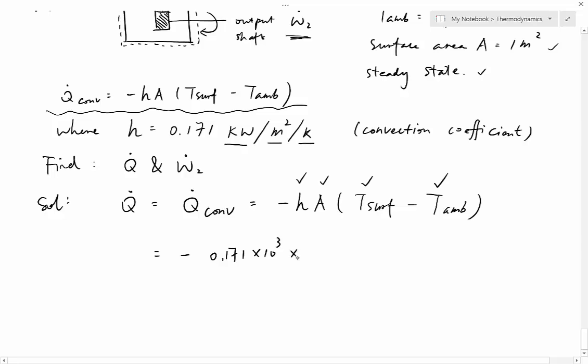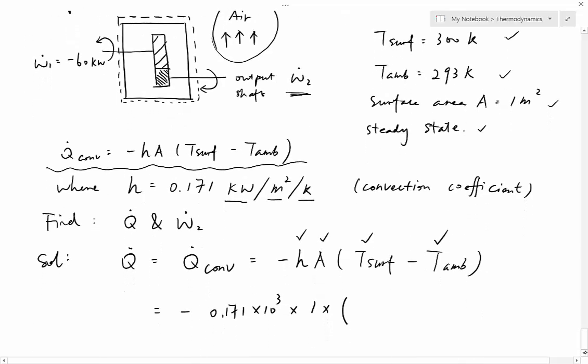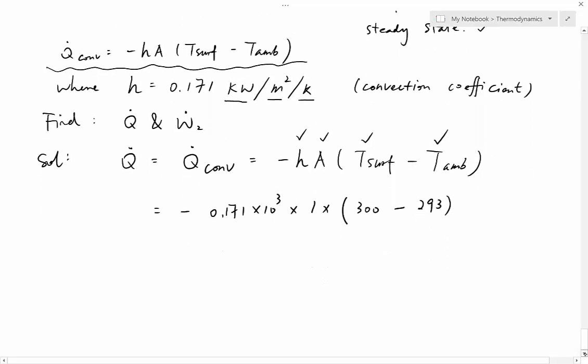Multiply by surface area, 1 meter square, SI unit. Multiply by surface temperature, 300 Kelvin. Remember Kelvin is the SI unit for temperature, minus ambient temperature 293. So now everything in the right hand side is in SI unit.